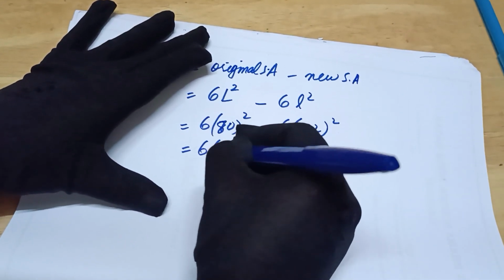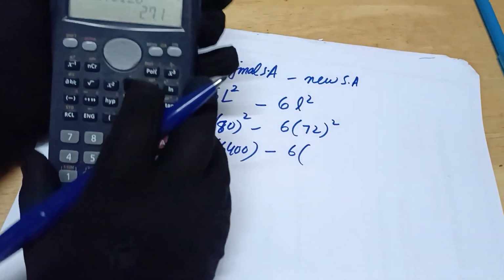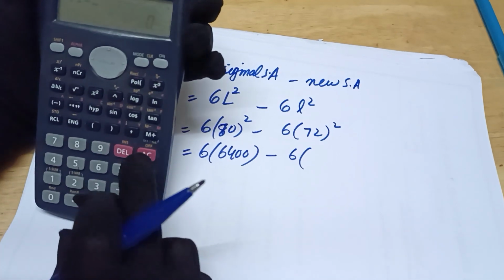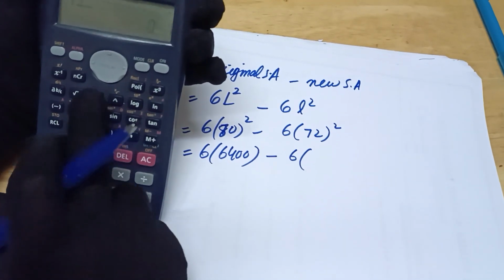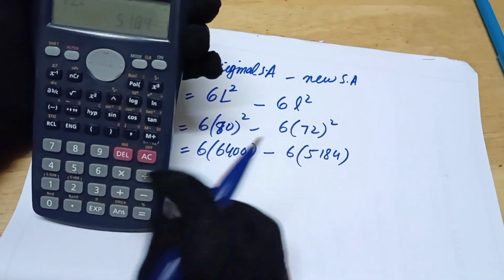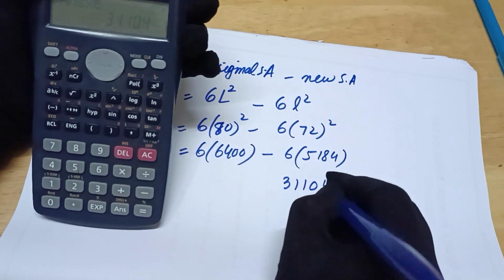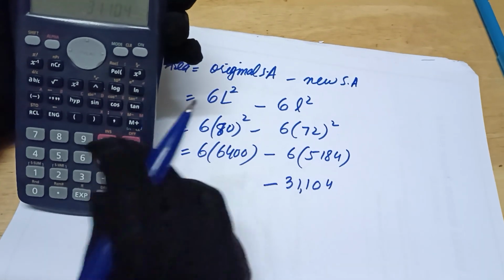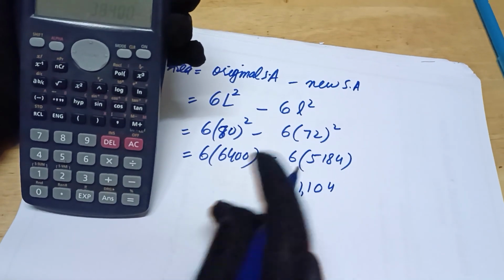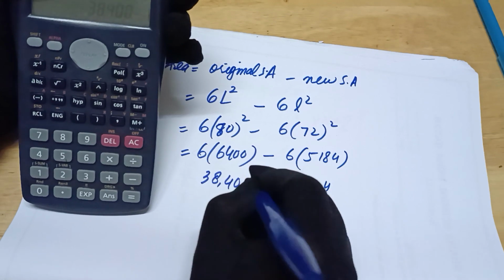6 times 80 square is 38,400. 6 times 72 square, you can calculate: 5184 multiplied by 6 is 31,104.